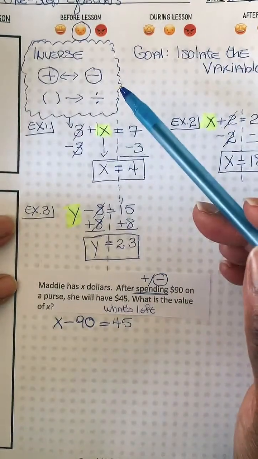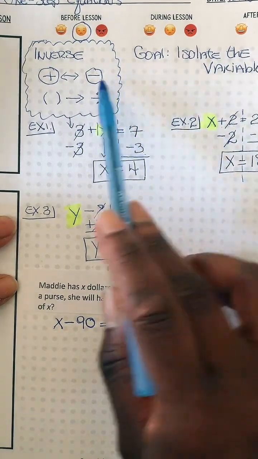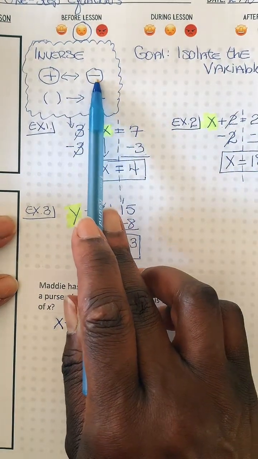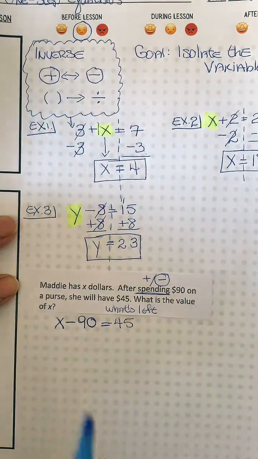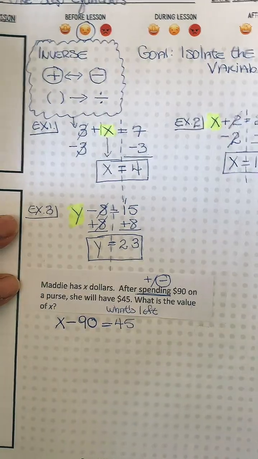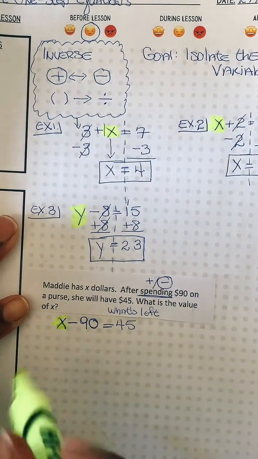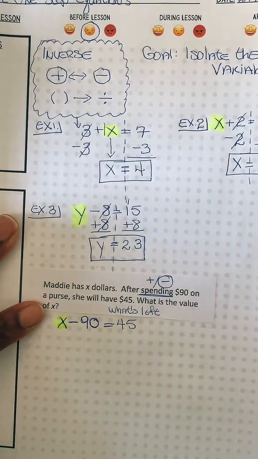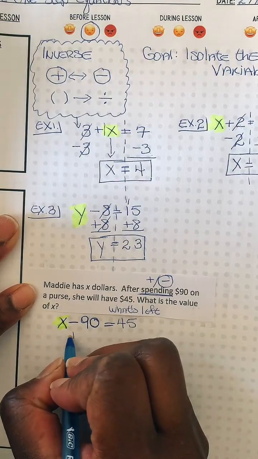If I go back up to my inverses, I'm noticing that the inverse of subtraction is addition. So that means in order for me to get my X by itself, I would have to add 90 to both sides.